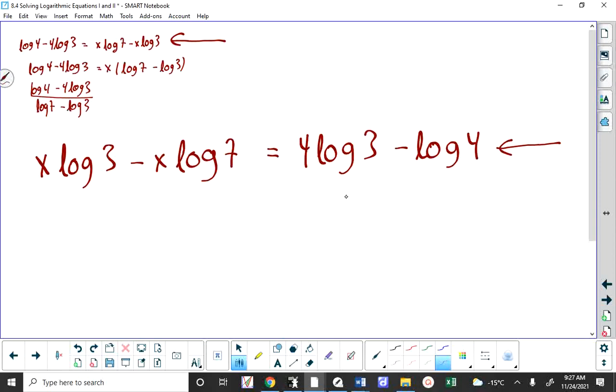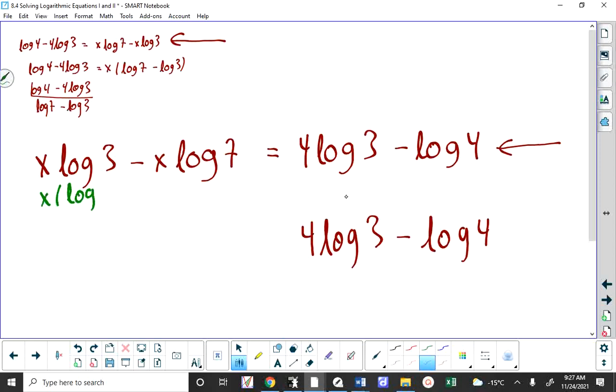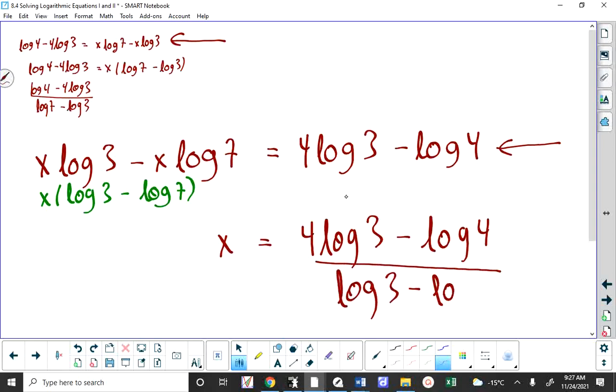If I factor the x out of the left-hand side, I'm going to be left with, in brackets, log of 3 minus log of 7, which would mean that x is equal to 4 log 3 minus log 4 over log of 3 minus log of 7.